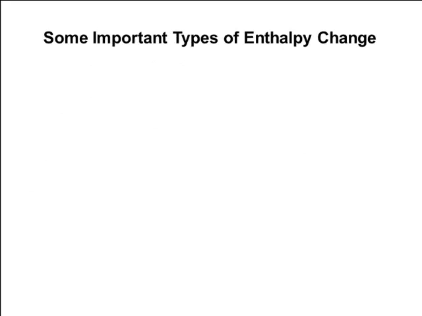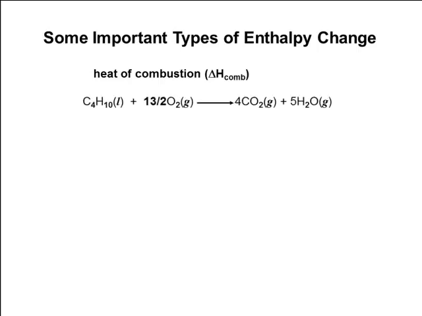All right, lastly, we need to know some important types of enthalpy changes that we're going to run across. You need to know by definition what these mean. We're going to have a heat of combustion, which is represented by delta H of combustion, or COMB. Delta H combustion means we're going to burn something, it's going to react with O2, and our products are going to be CO2 and water. With heat of combustion, it's for 1 mole of the compound reacting to form CO2 and water.